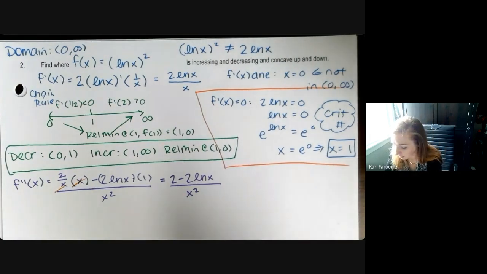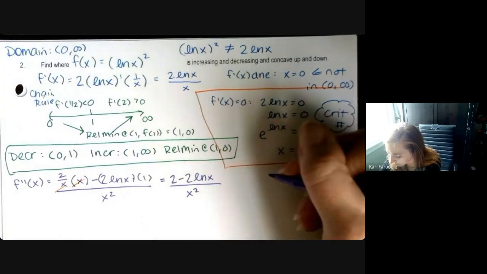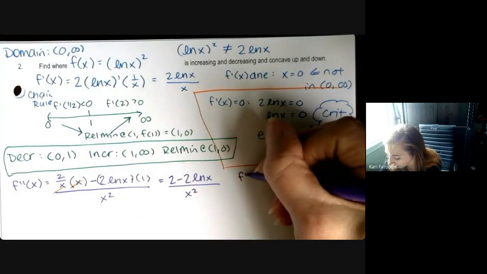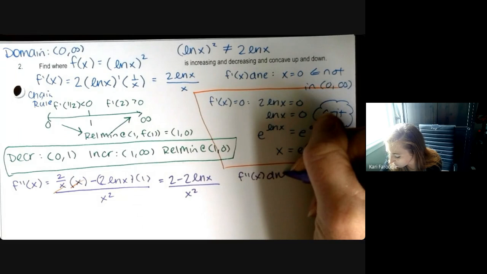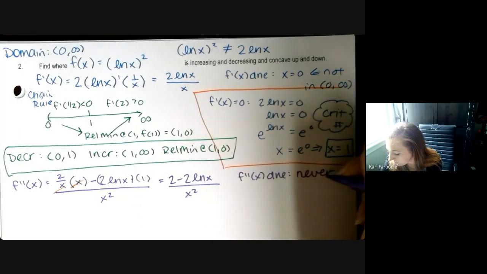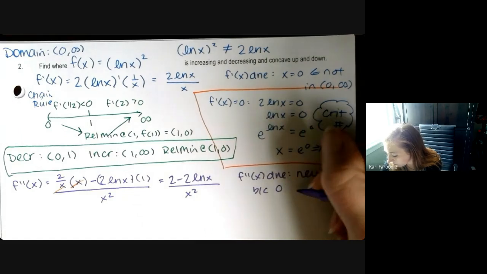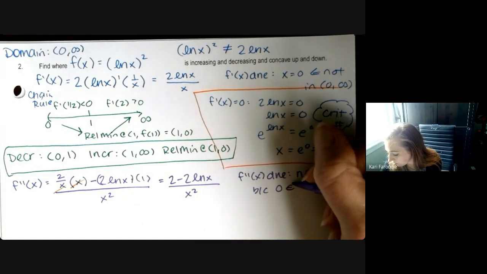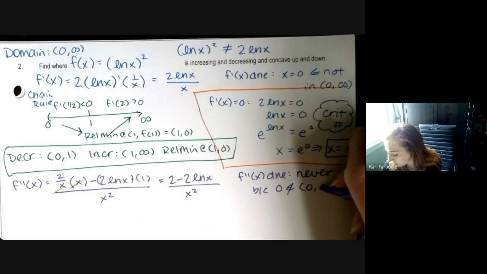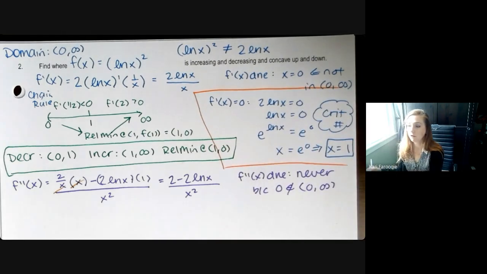So we're going to go ahead and say f double prime of x does not exist, never, because 0 is not in the domain. 0 is not inside 0 to infinity.